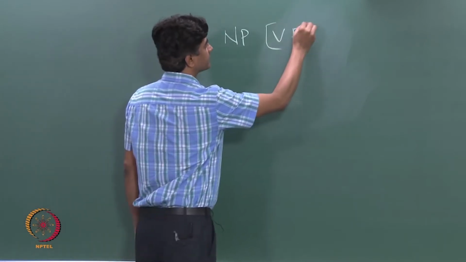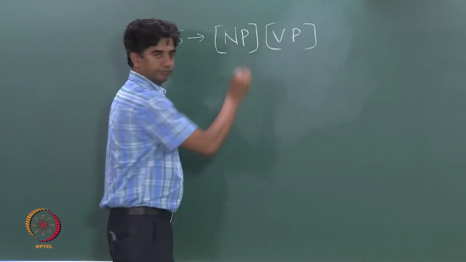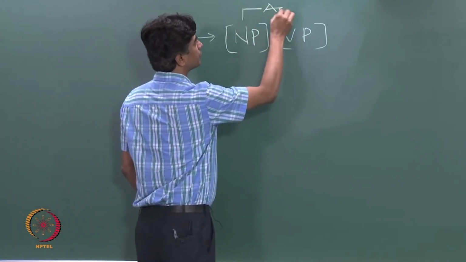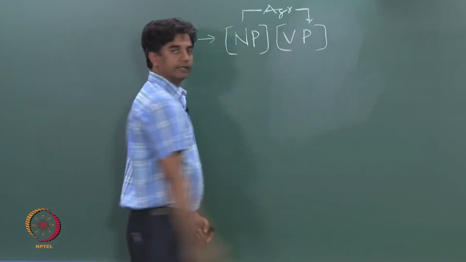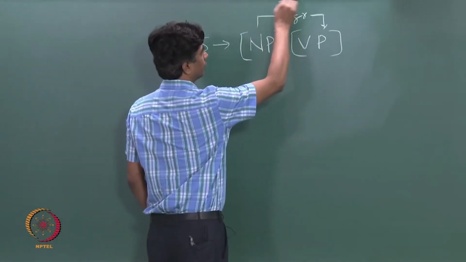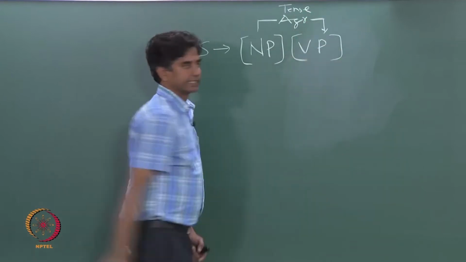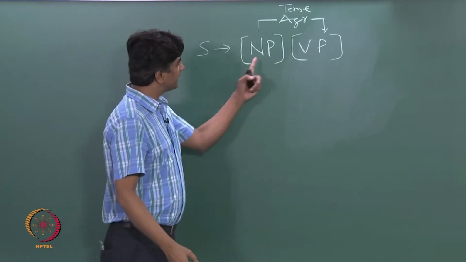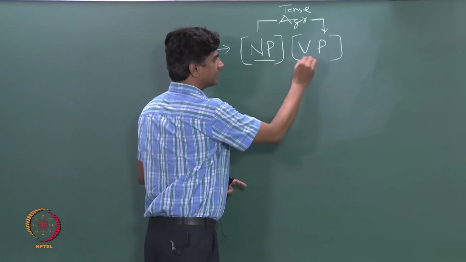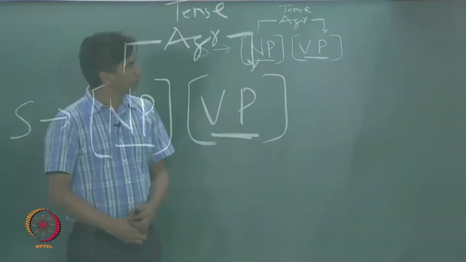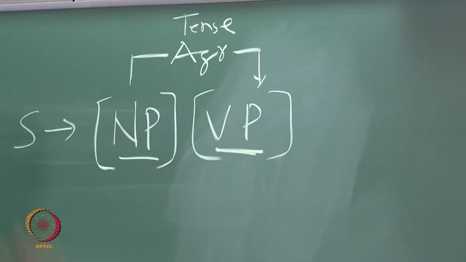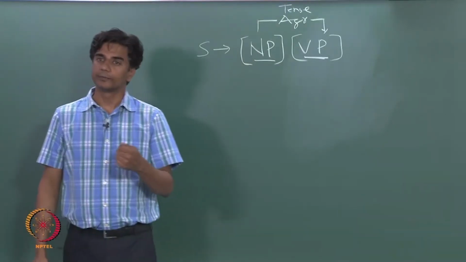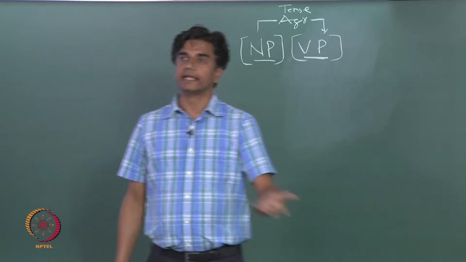This is predicate, this is subject, right? And what connects these two is agreement, and the role of tense is significant, right? So if we say that this NP is inside VP, then how do we account for the role of these things? All right, that was the problem Larson's hypothesis landed in.